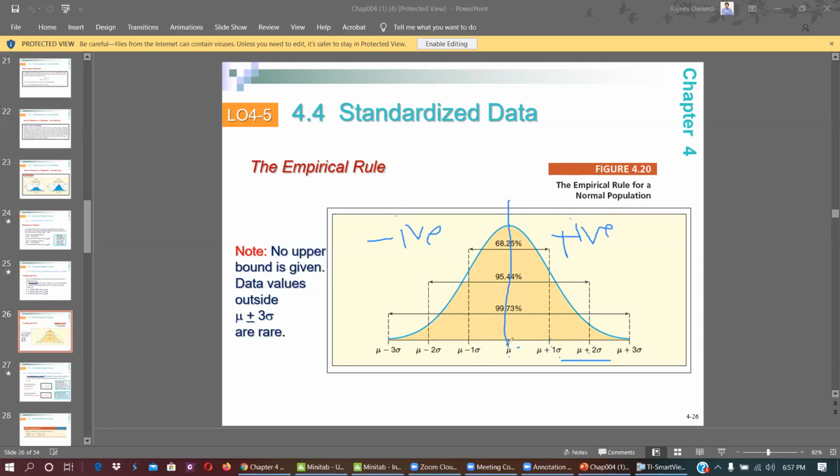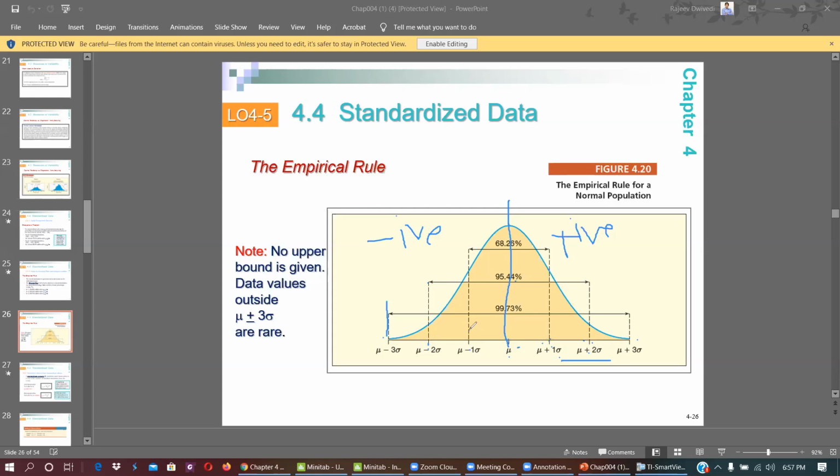From here, within 6 sigma. So 3 sigma is here. 1 sigma, 2 sigma, 3 sigma, 1 sigma, 2 sigma, 3 sigma. Within 6 sigma, how much? 99.73% of data must be here. This is the empirical rule. 2 sigma and 2 sigma, this is 4 sigma. Within 4 sigma, 95.44%.